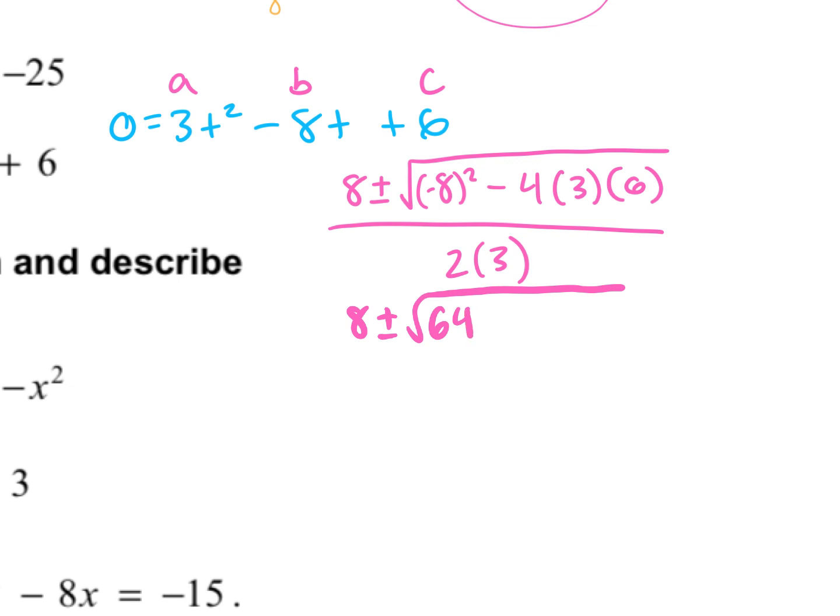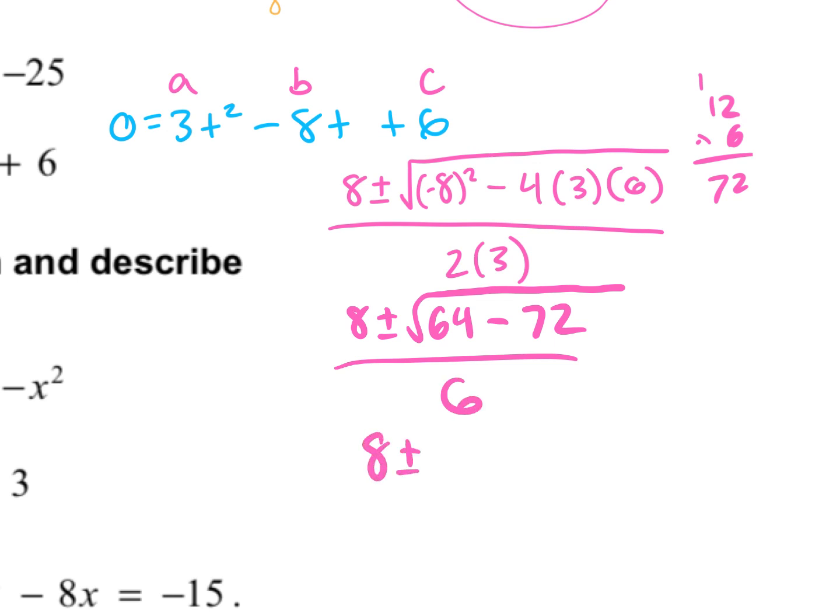And I have 4 times 3 times 6. So it'd be 12 times 6. Perfect. So negative 72 over 6. What is 64 minus 72? Negative 8. Awesome, negative 8 over 6.